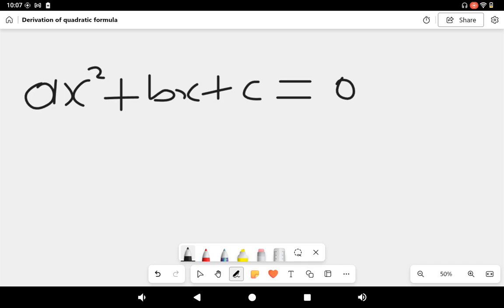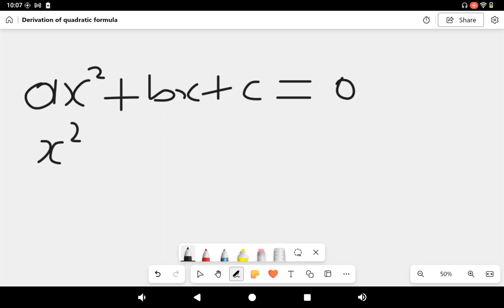So by the way, when you complete the square, the first thing we have to do is make the coefficient of x squared to be 1. So how do you do that? We have to divide every term by the coefficient of x squared, which is a. If I divide by a in the first term, I'm going to remain with just x squared, right?